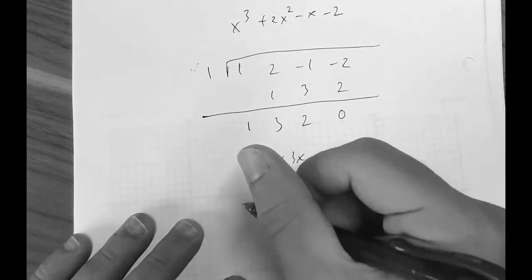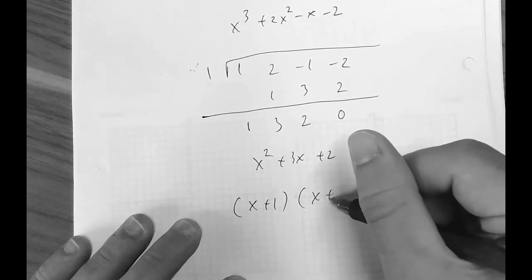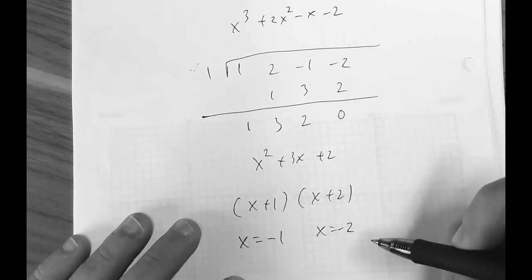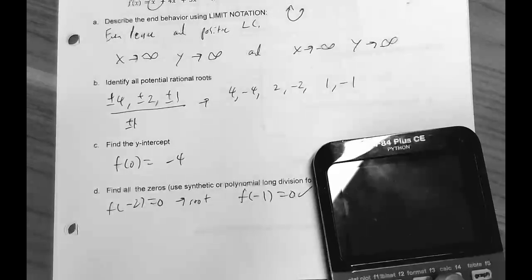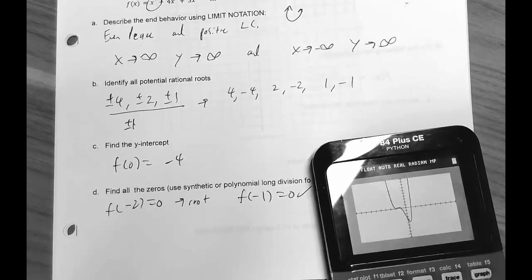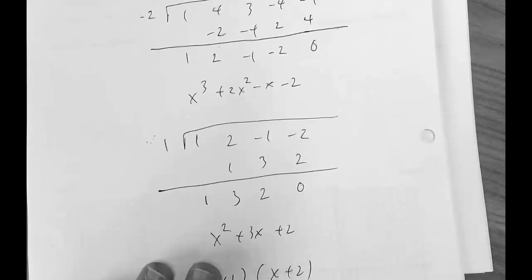And then at this stage, you can just factor this as x plus 1 and x plus 2 and see that our final ones are x equals -1 and x equals -2. So yes, you can use your calculator, right? And you can use that to find those intercepts. But I also need you to be able to synthetically divide to find any remaining roots.